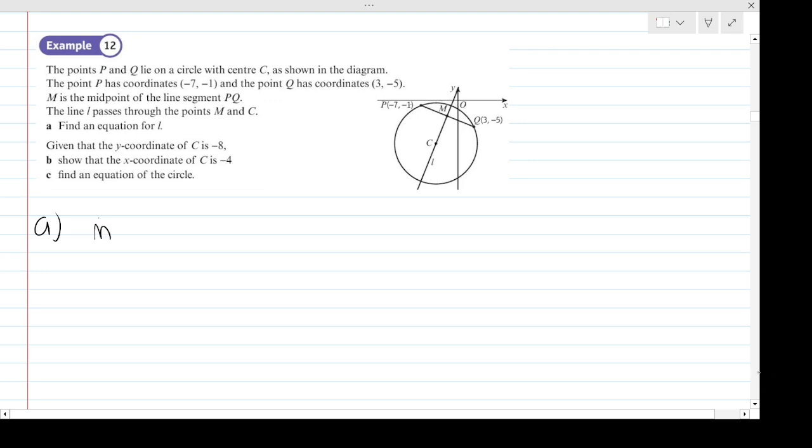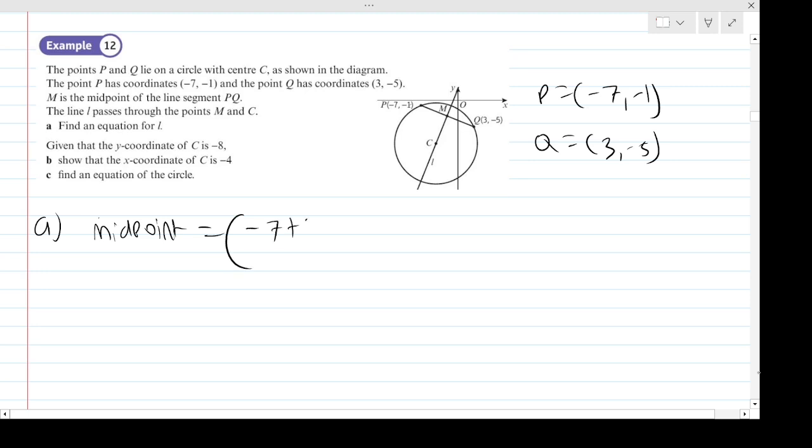The midpoint between P, which is -7, -1, and Q, which is 3, -5. We work that out by adding the x coordinates first, so -7 add 3, all over 2, as there's 2 points.